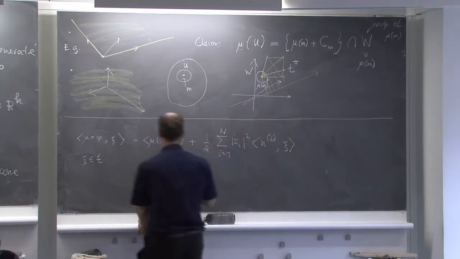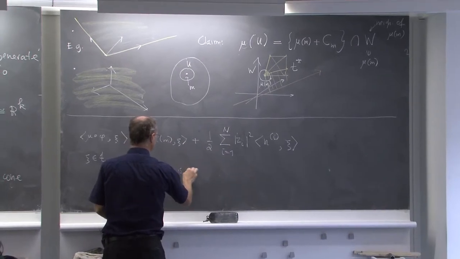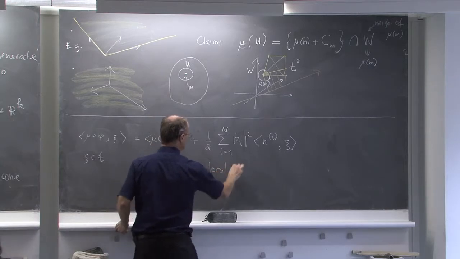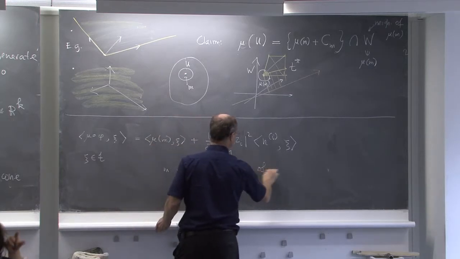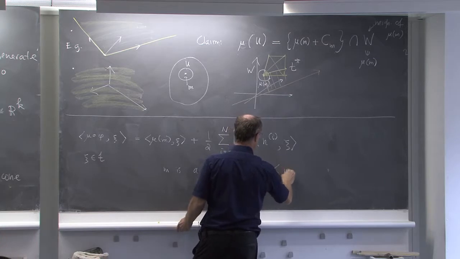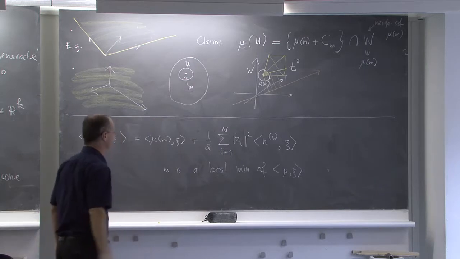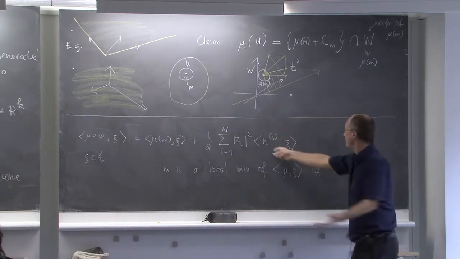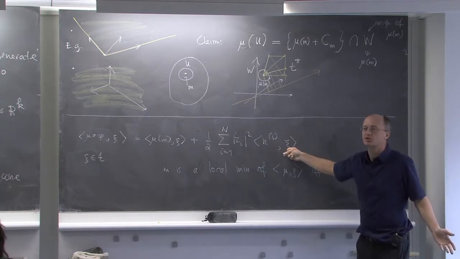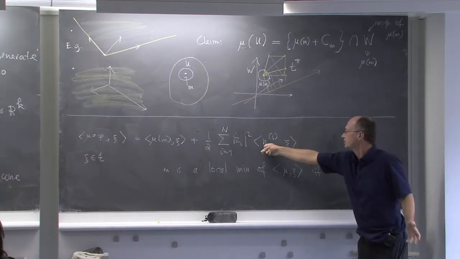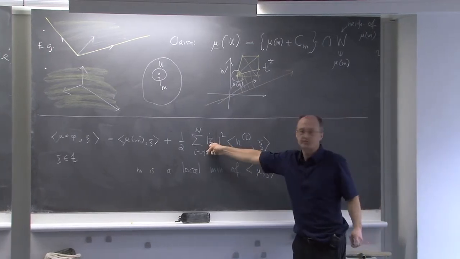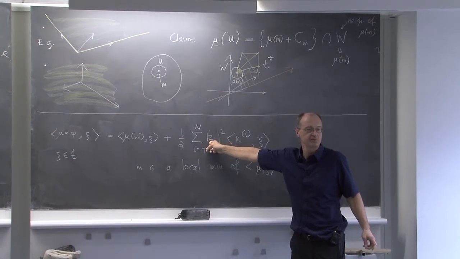So M is a local minimum of, in fact, we can say mu psi. If, well, I need to impose some condition on those weights, on those pairings between Ni and psi, right? So what's the condition? These coefficients are all non-negative, right?